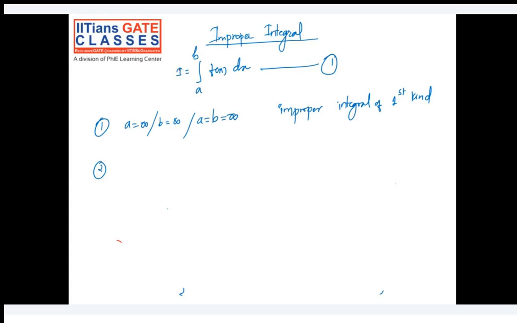Second point. The equation number 1 is called an improper integral of second kind.